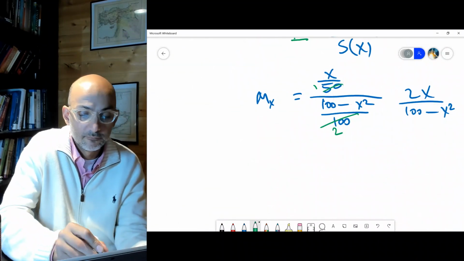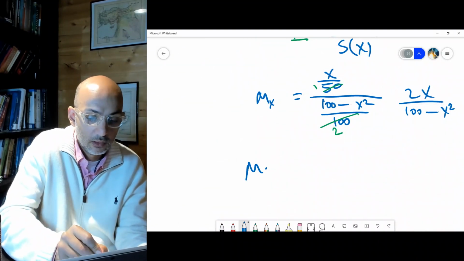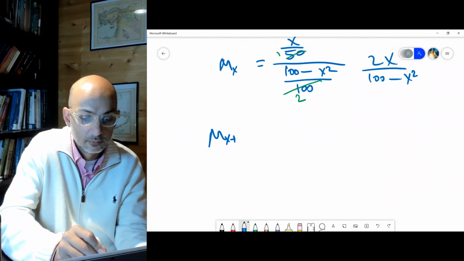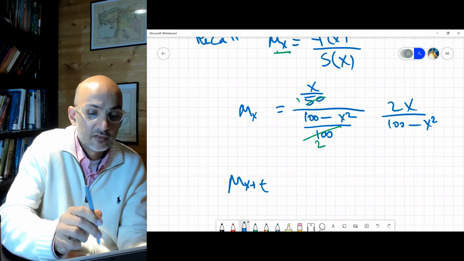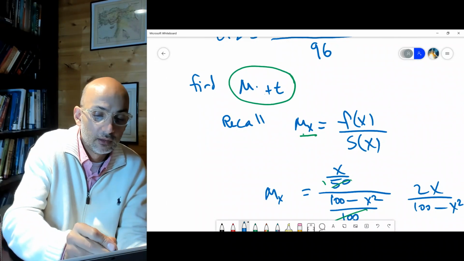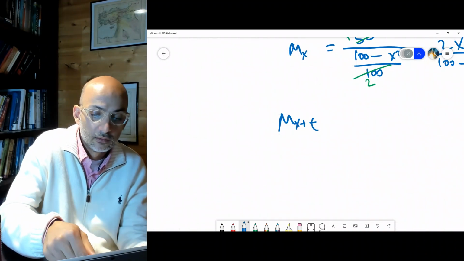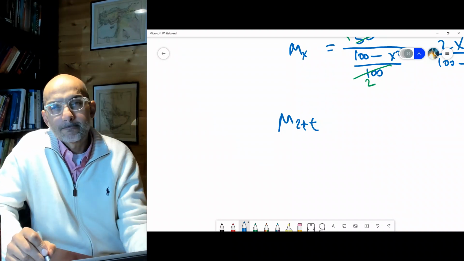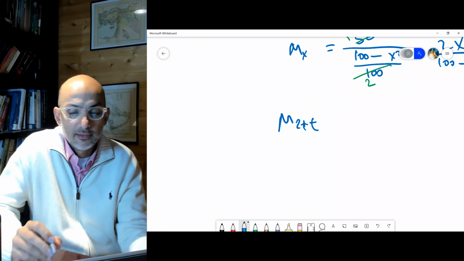Well, it's simple. Mu x plus t, and let's say the question is referring to age 2. Let's keep it age 2. If you wanted to do it at age 2, it is simple.